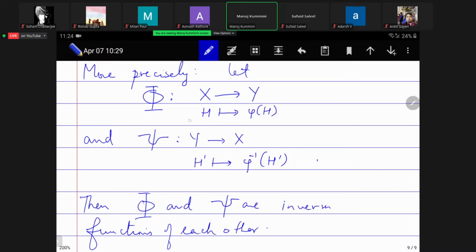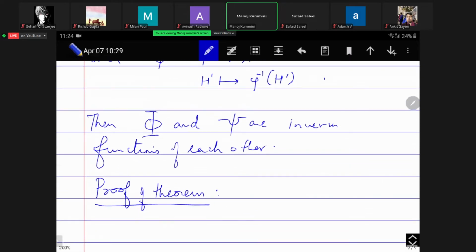So we just need to show that these are inverses of each other. So let H be a subgroup of G containing the kernel of phi.